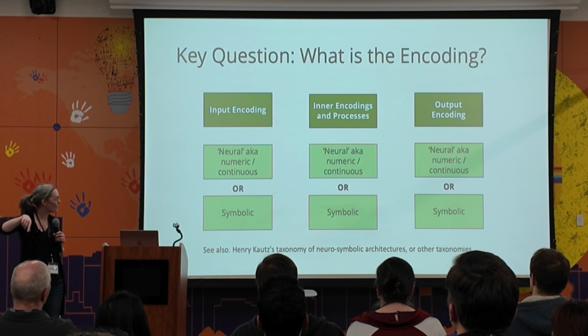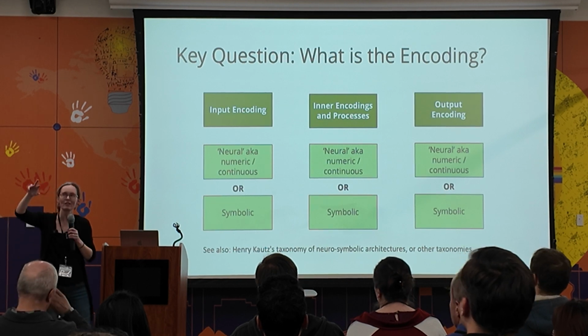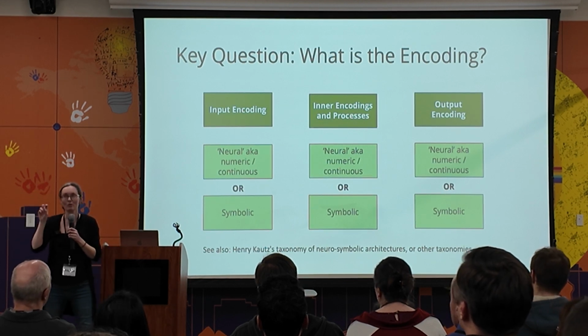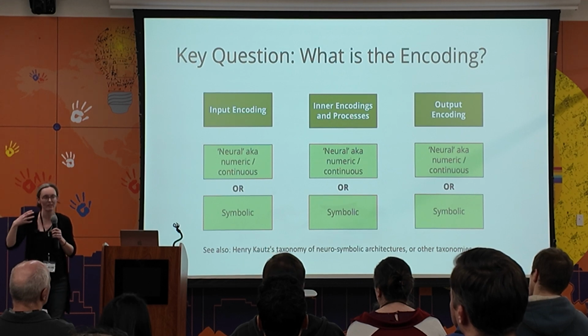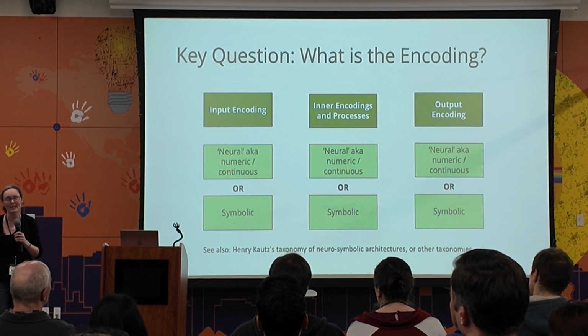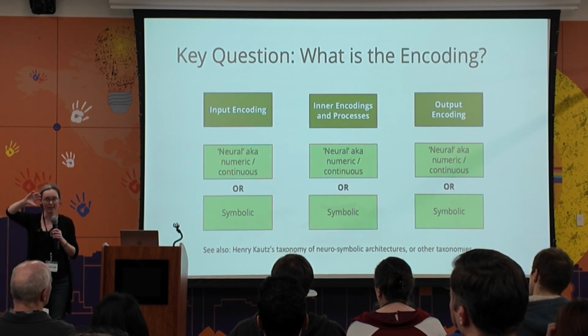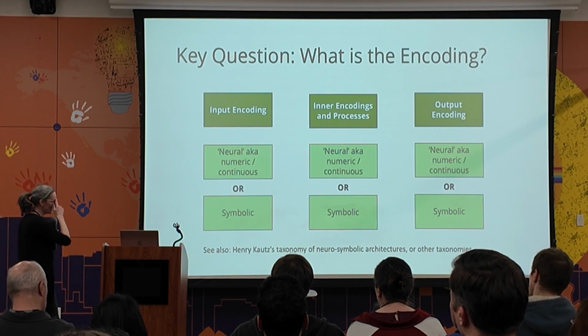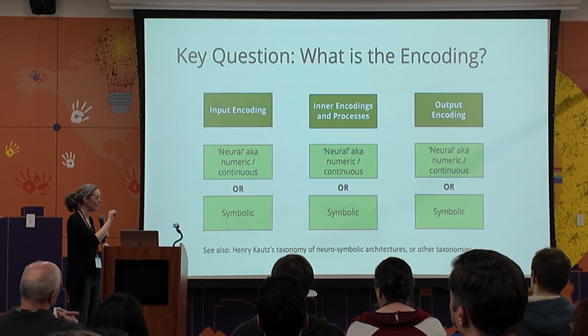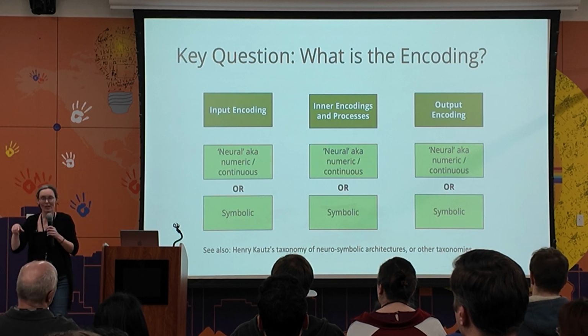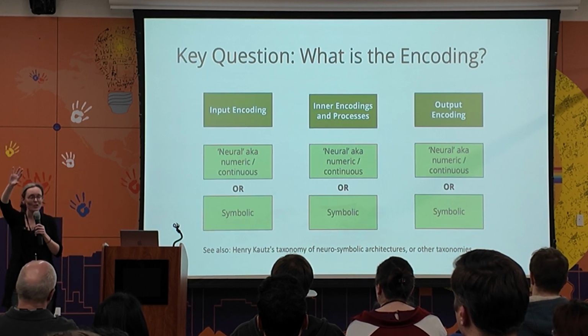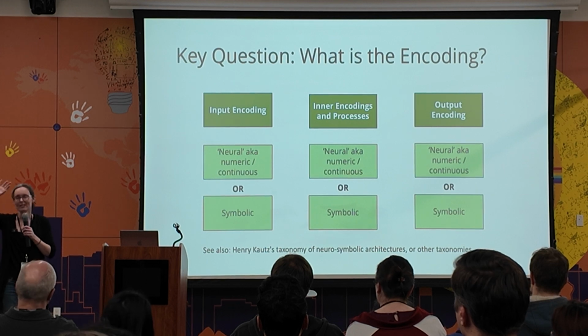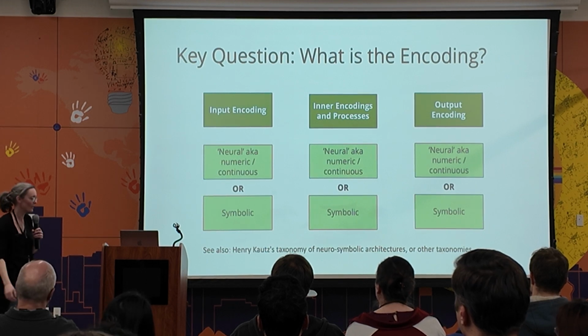And in each of these cases, you basically have two options: the neural option, which as I've mentioned is a numeric continuous representation, or the symbolic, and then you get to mix and match. If you're interested in this, I would recommend checking out Henry Kautz's taxonomy of neurosymbolic architectures, where he goes through all the mixes and matches and gives you examples of what each one might look like.